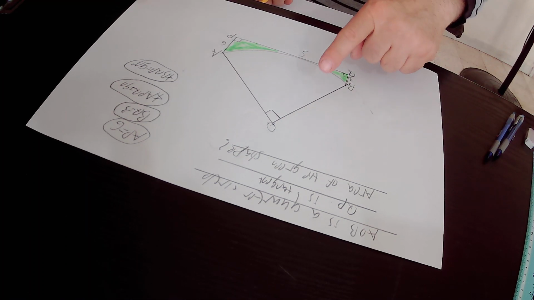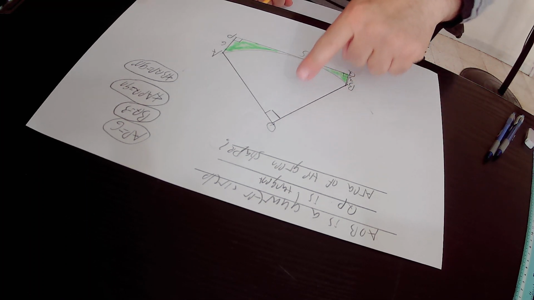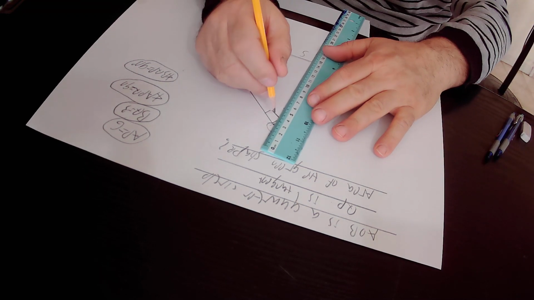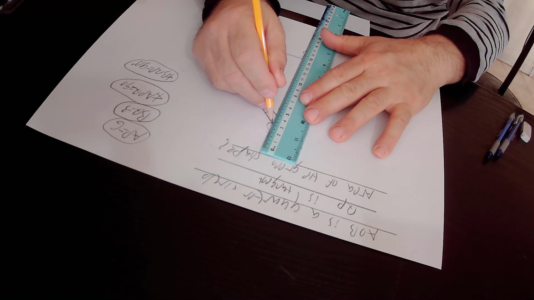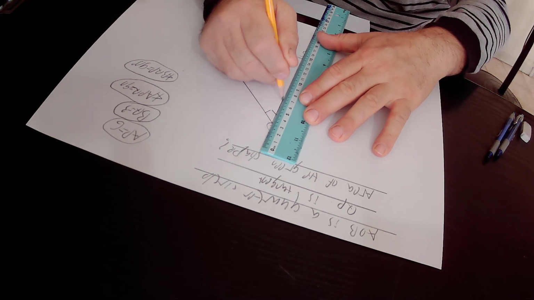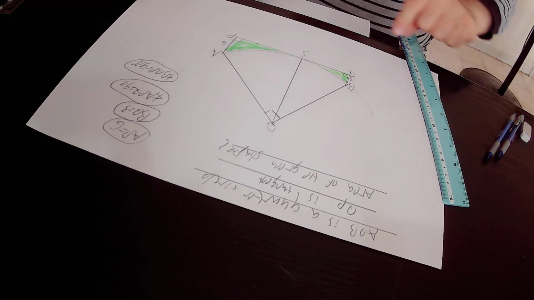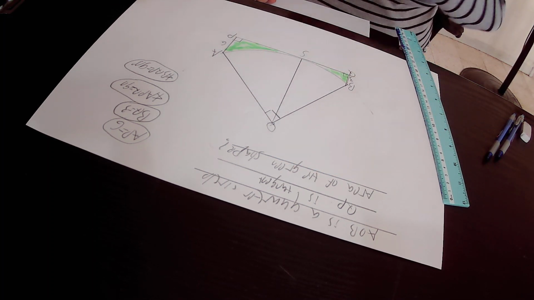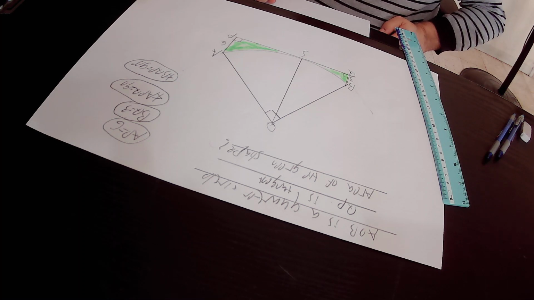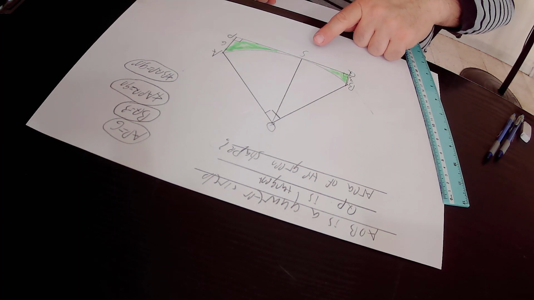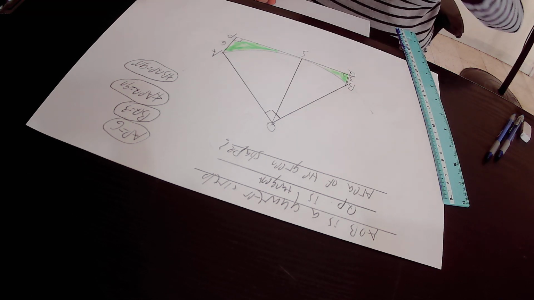And we'll join points O and S together by a straight line. So what is the definition of line segment OS? Line segment OS starts from point O, the center of the quarter circle, and ends at point S, a point on the quarter circle itself. This is exactly the definition of a radius.